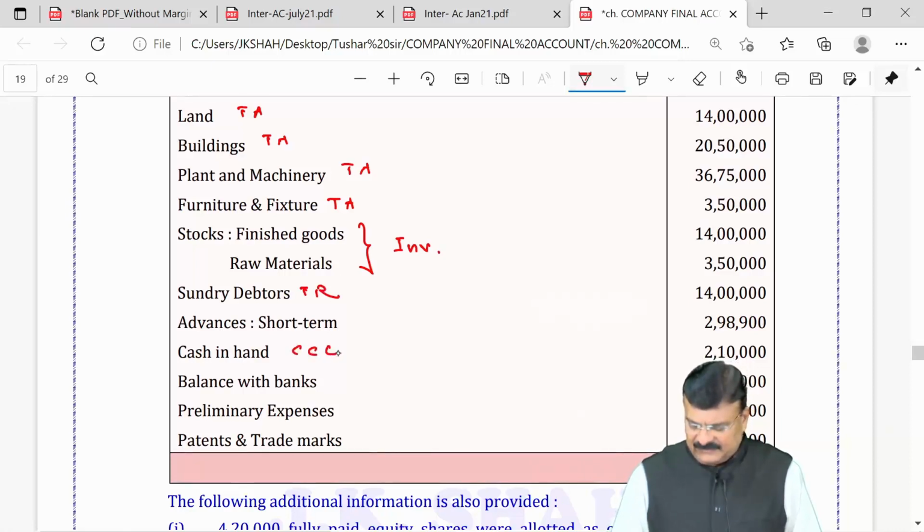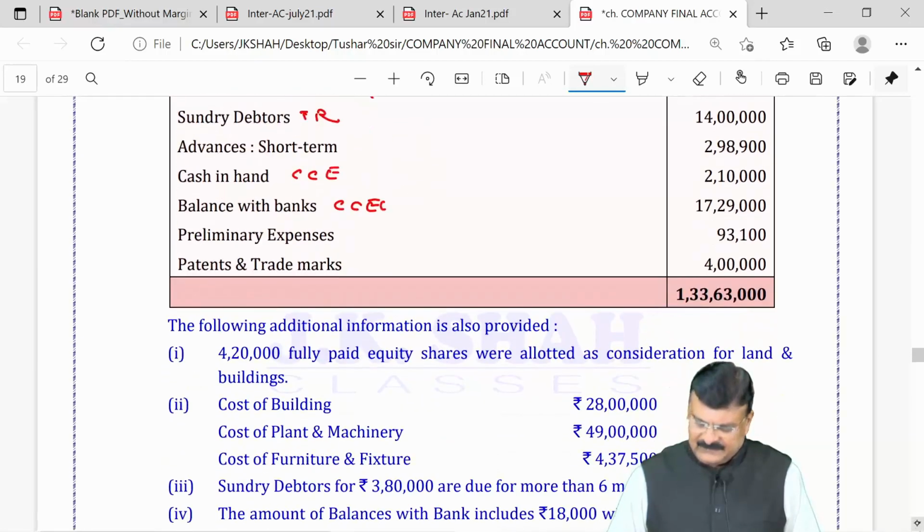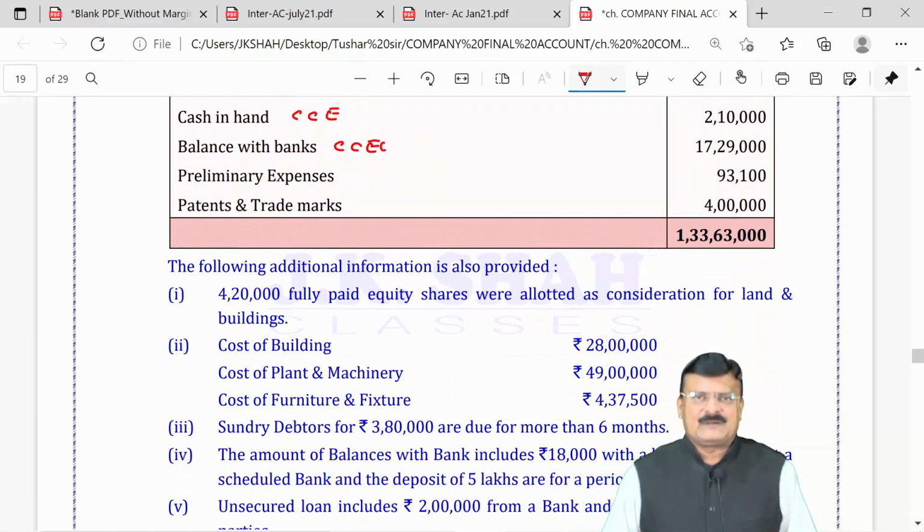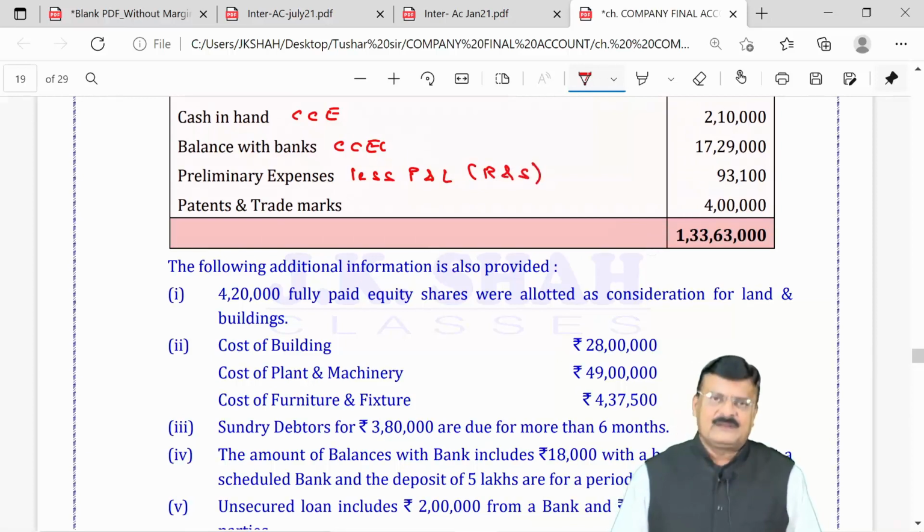Cash in hand is cash and cash equivalents. Balance with bank is also cash and cash equivalents. Preliminary expenses are expenditure to be written off to P&L account. So that will be less from P&L account under the head reserves and surplus. Patents and trademark are intangible assets.